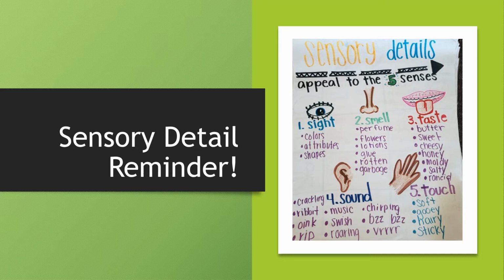So these are sounds that you might hear during the event that you're going to add to your writing to make it more exciting and really have your reader visualize what's happening. We also have touch. So something could be soft, gooey, hairy, or sticky. So remember, these are words or details that you can use to make your writing more exciting.